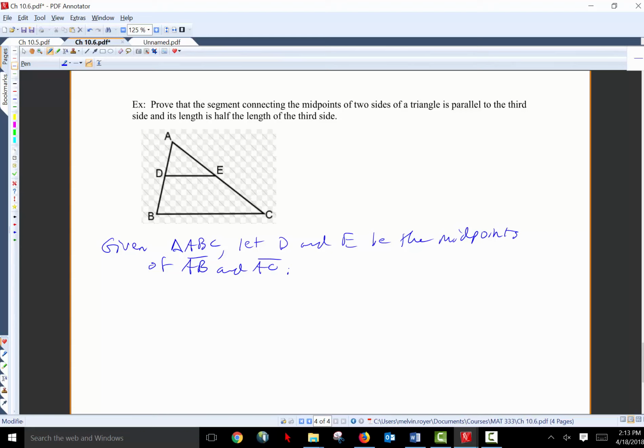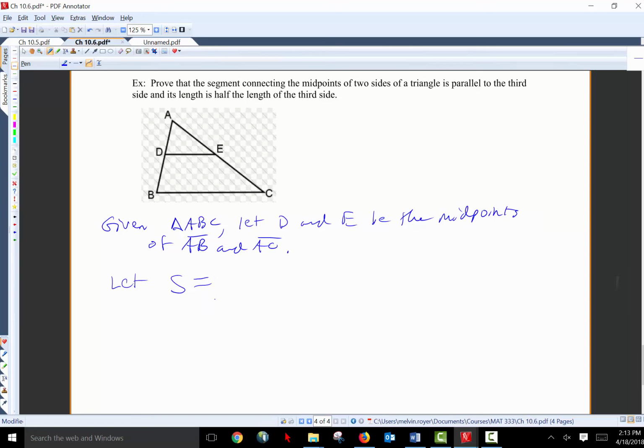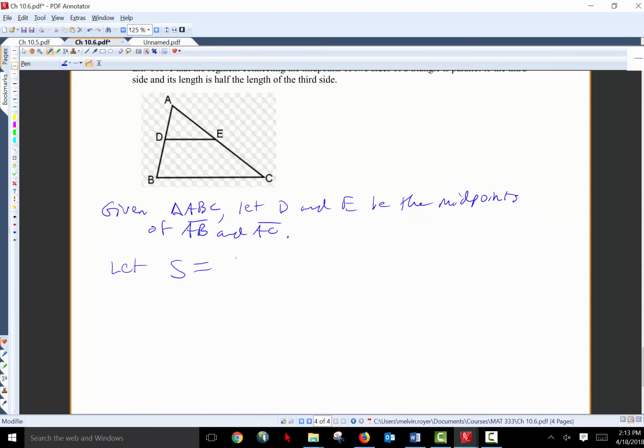So I would like to dilate something from one of these figures to another. So specifically, there are two triangles in this picture, ADE and ABC, and they sure look a lot alike. So let's take a similarity transformation specifically to be a dilation.